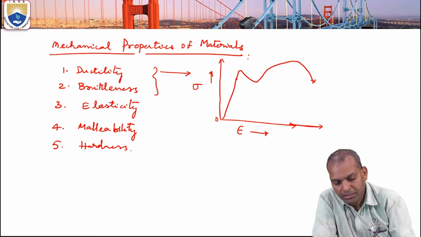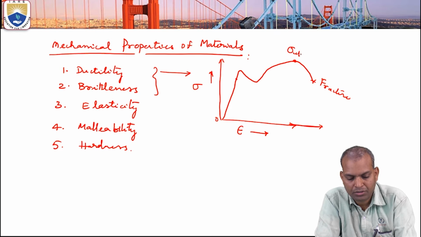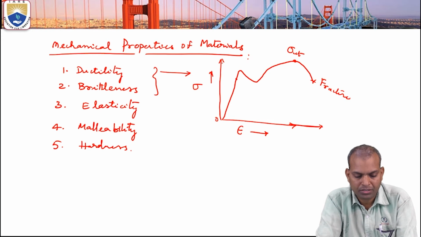This is the point, the fracture, and it is the point of ultimate strength, sigma ut. If you measure horizontally, this is the level. Now there is a point called the elastic limit, elastic stress sigma e.